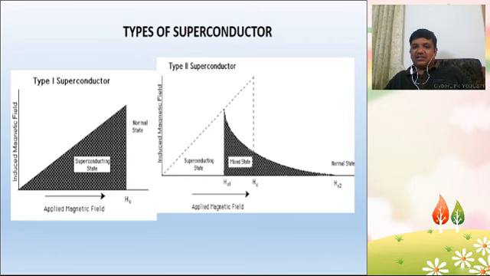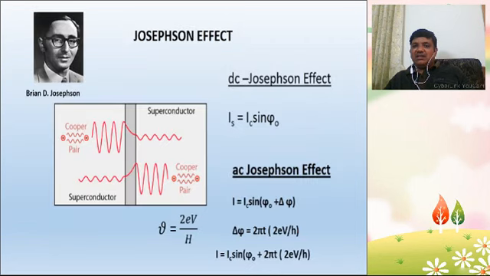Another important property, discovered in 1962 by Josephson: we have a superconductor, and another superconductor, and in between there is a 1 nanometer thick insulating layer.